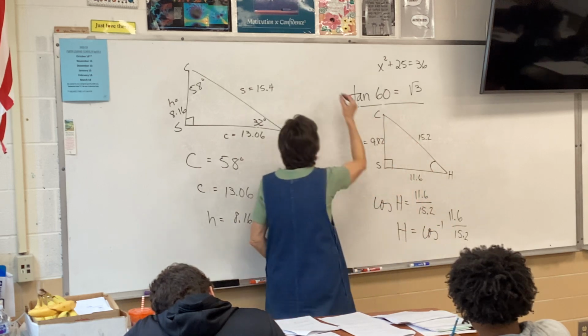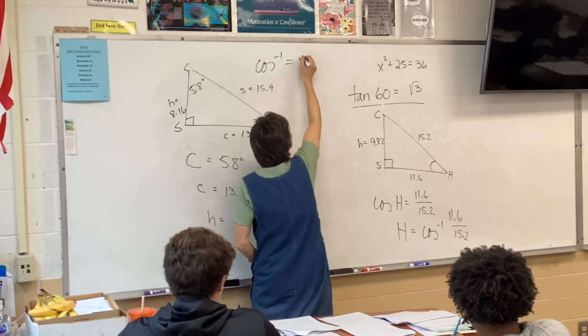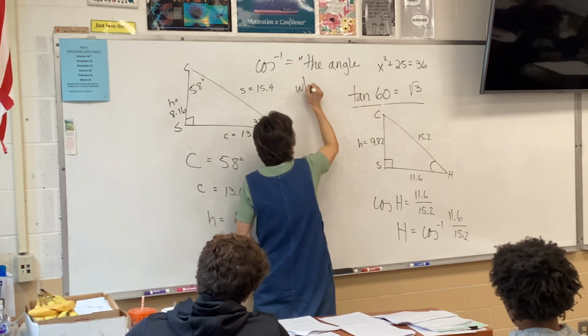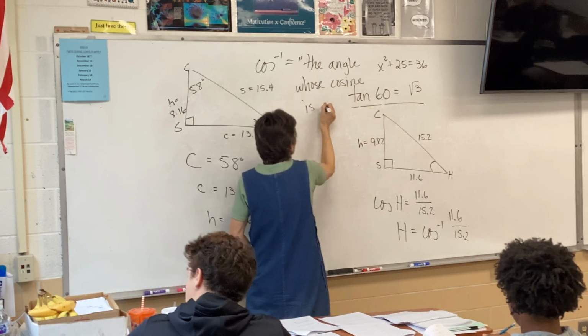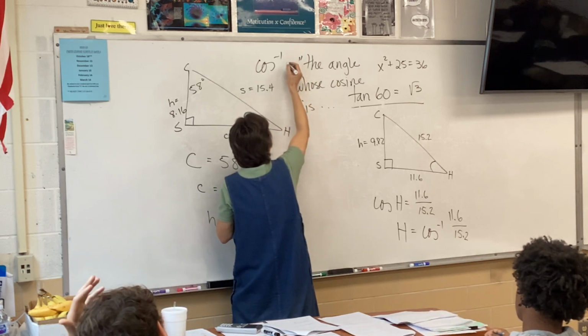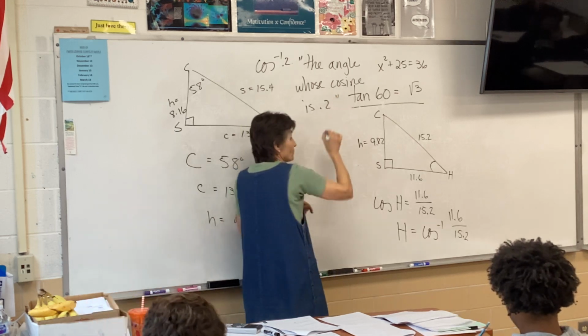This notation means the angle whose cosine is. So whatever number you've got here, if I said 0.2, it would be the angle whose cosine is 0.2.